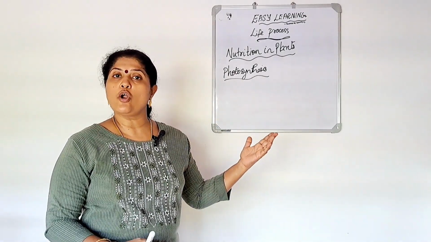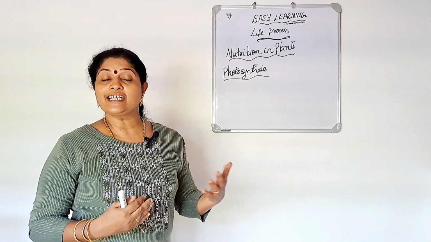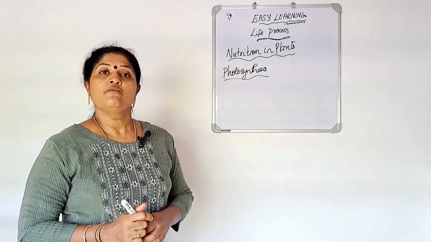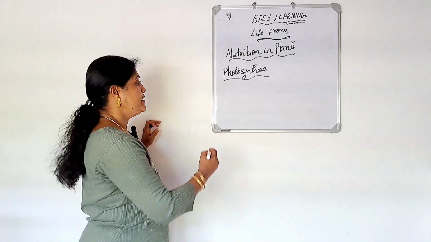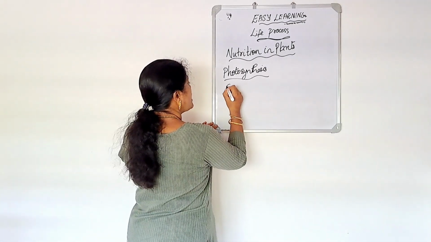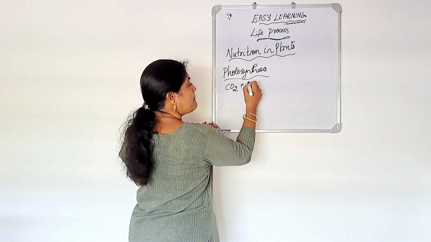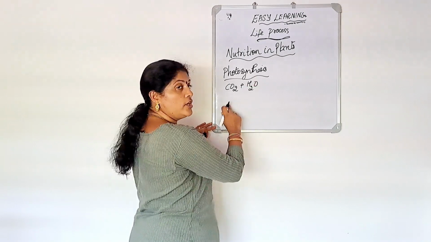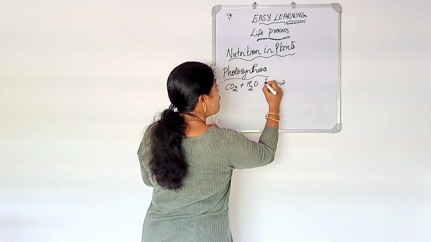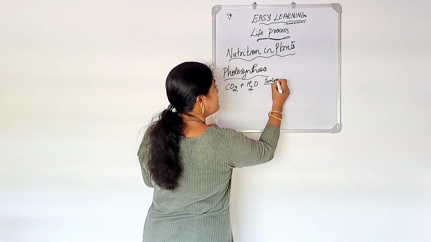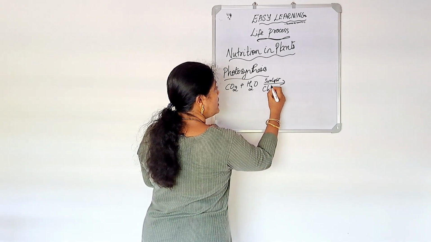Before moving on to the detailed explanation, we will write the chemical equation for photosynthesis. Carbon dioxide plus water, these are the two inorganic substances, in the presence of sunlight and chlorophyll.